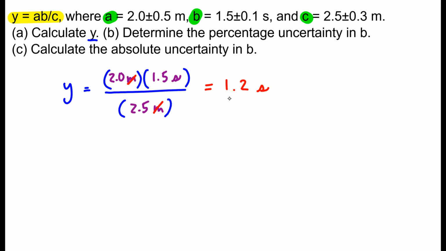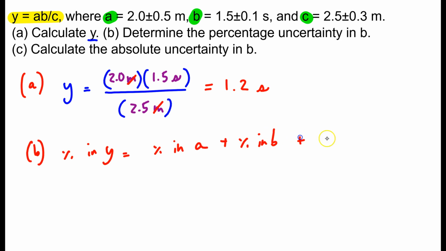Now what we have to do is, for part B, find the percentage uncertainty in Y. So I'm going to do percent in Y is equal to the percent uncertainty in A plus the percent in B plus the percent in C. The percent in Y is my final unknown. How do I find the percent uncertainty in A?